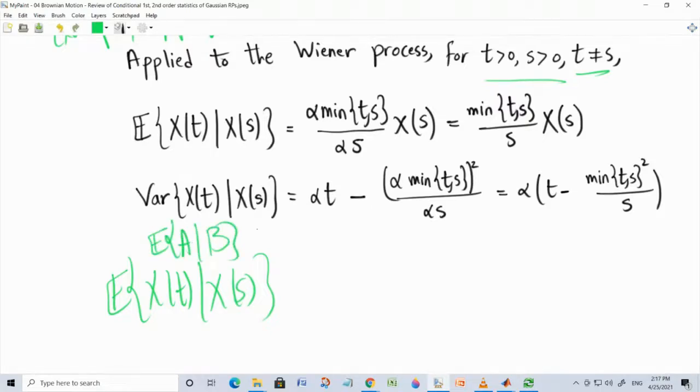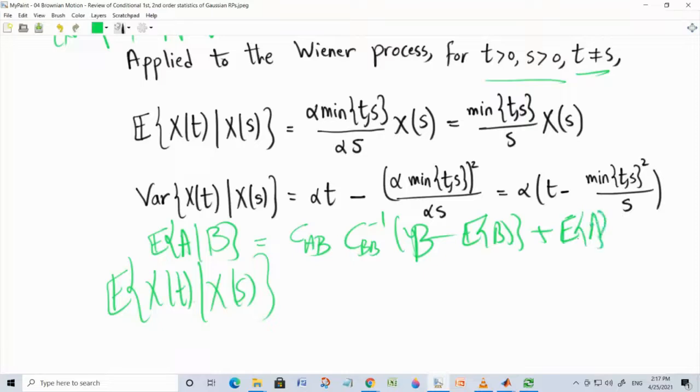Generally, if you have vector A and vector B, those are scalars here, so it will be a special case and it will be easy. The vector case has the cross covariance matrix, CBB inverse, then B minus the expectation of B, plus the expectation of A.